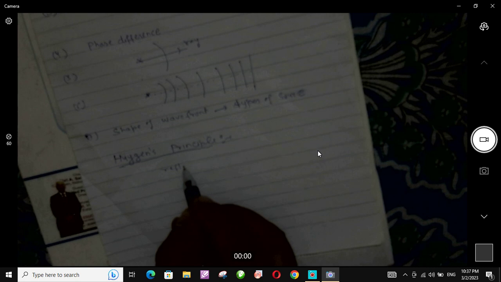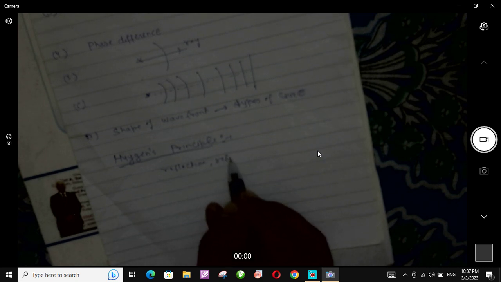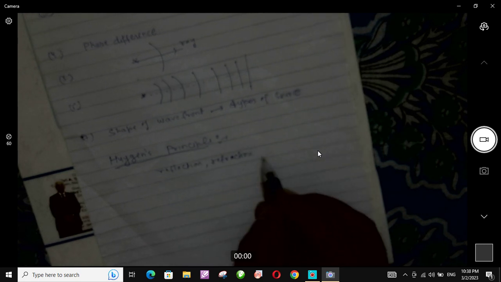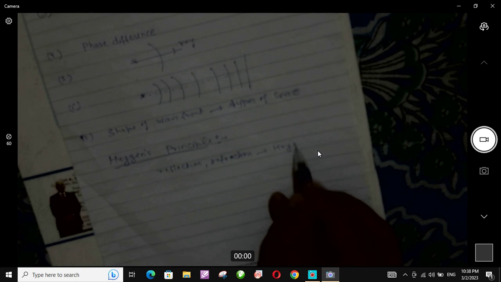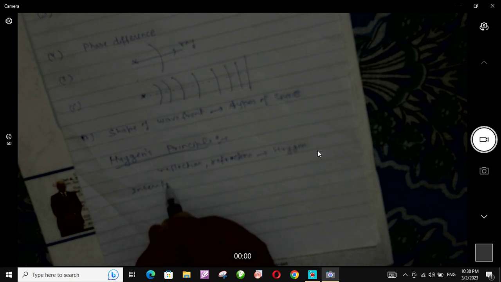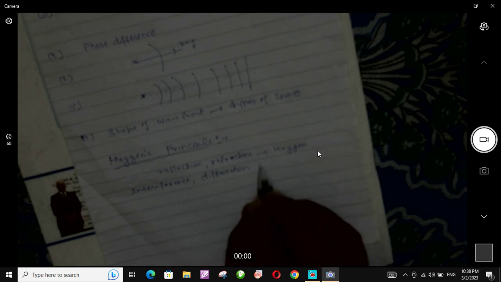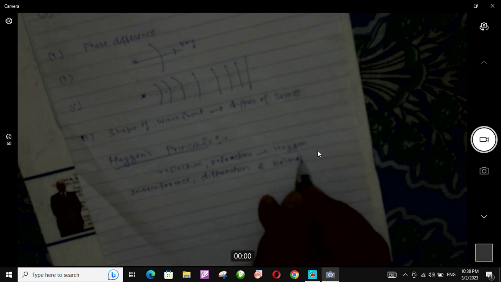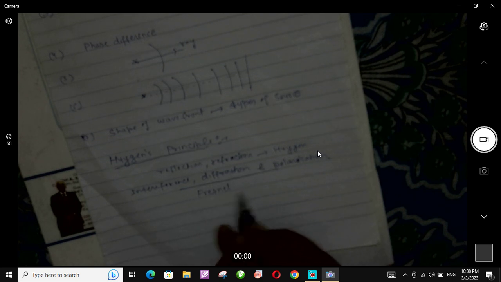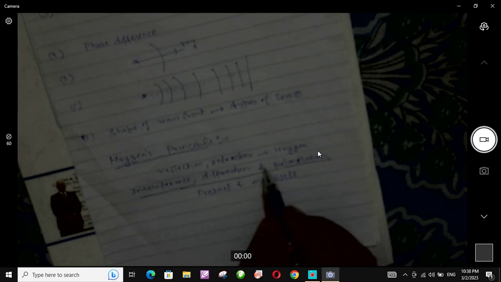Reflection and refraction were described by Huygens himself, but interference, diffraction, and polarization are described by Fresnel and Maxwell, but they use the same theory of Huygens to explain these concepts.